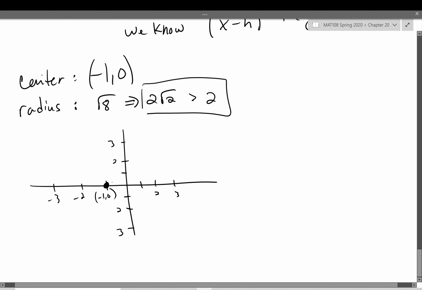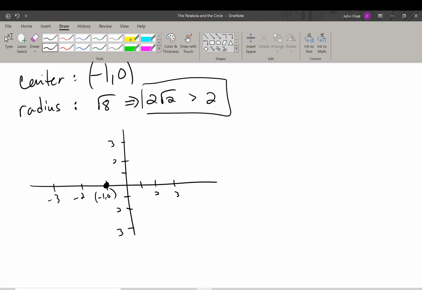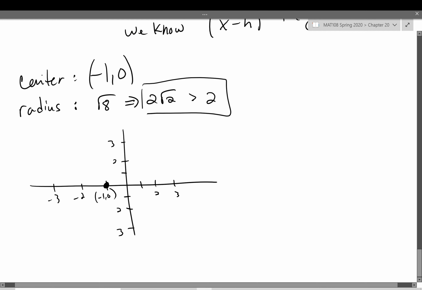So if you see here, I'll highlight it in blue. If I start at my center, there's 1, 2 units and a little bit more. Then I'm going to go up 1, 2 units and a little bit more. Then to the left, 1, 2 units and a little bit more.